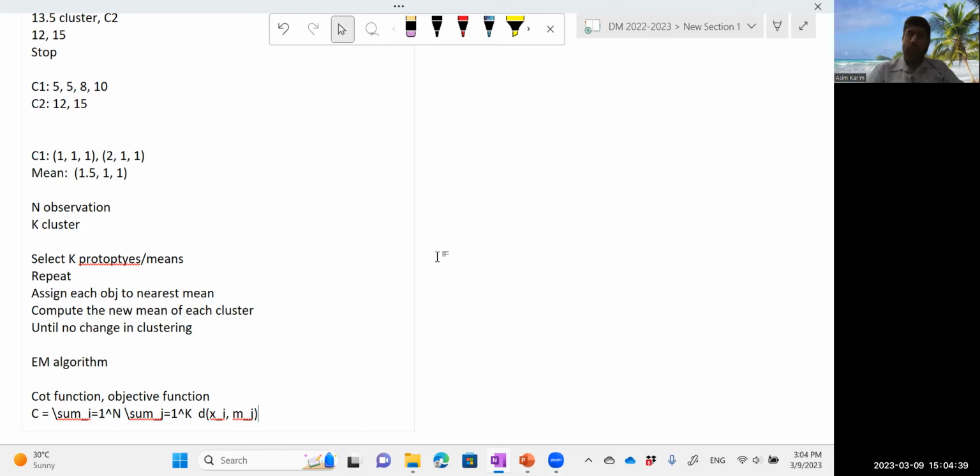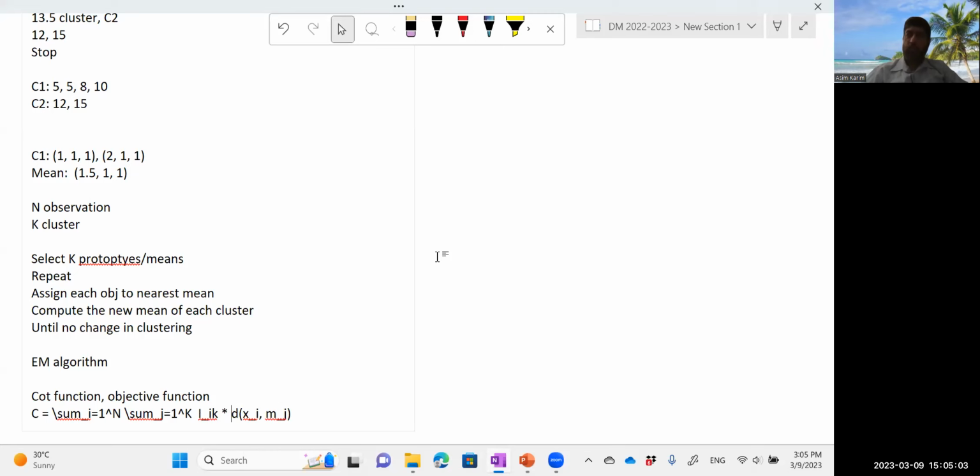So if you are using the Euclidean distance, अब खैर अभी मैं distance ही सिर्फ लिखता हूँ, but इसमें I will have to add an indicator function here, I j multiplied by d, ठीक है.